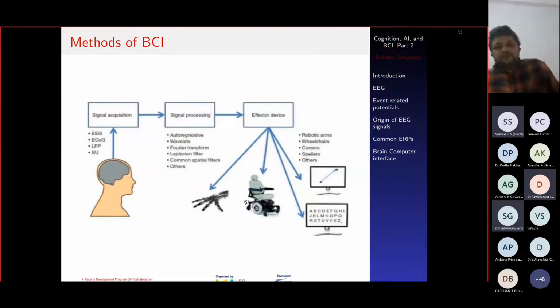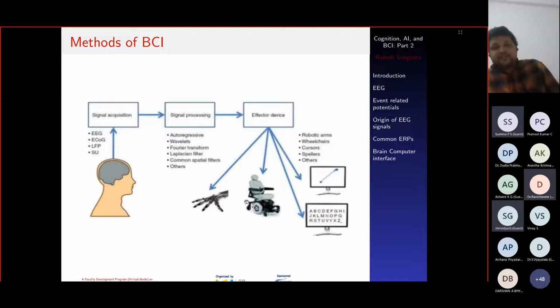The different methods of BCI depend upon these steps: signal acquisition, signal processing, and effector devices. The signal acquisition doesn't have to be just EEG. It can be ECoG, it can be local field potentials. We are also later trying to incorporate some GSR, galvanic skin resistance signals, into some of these BCIs.